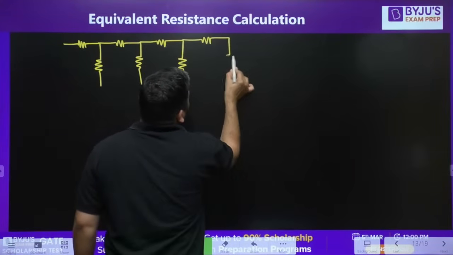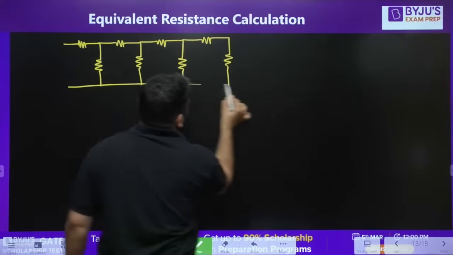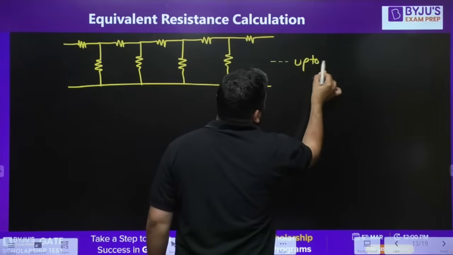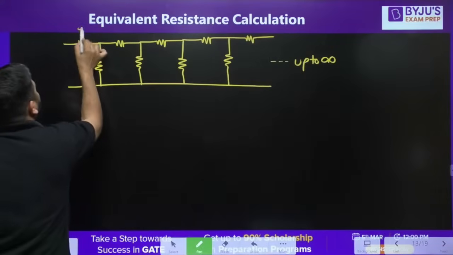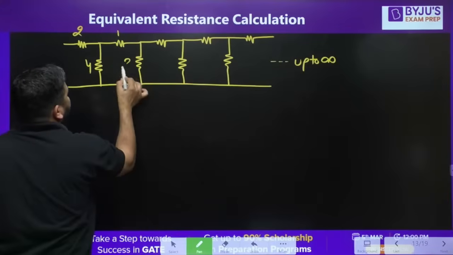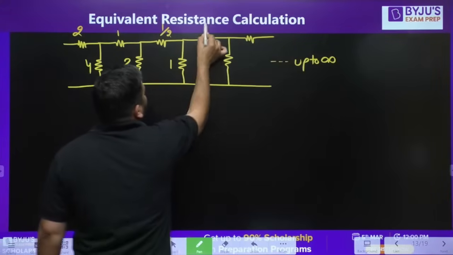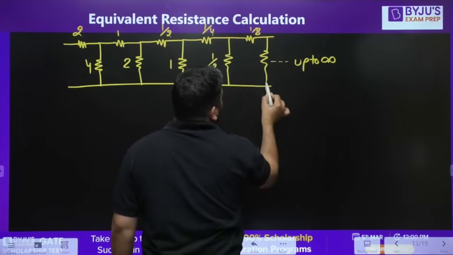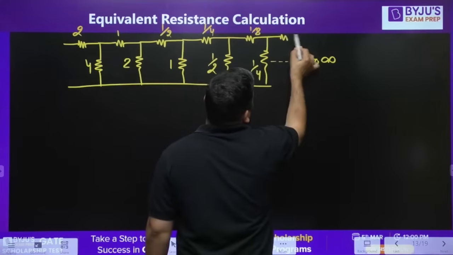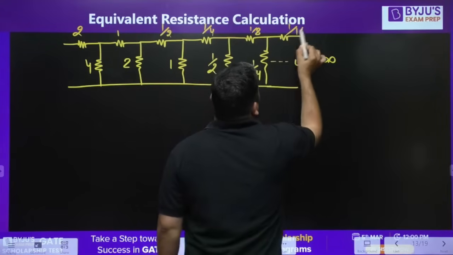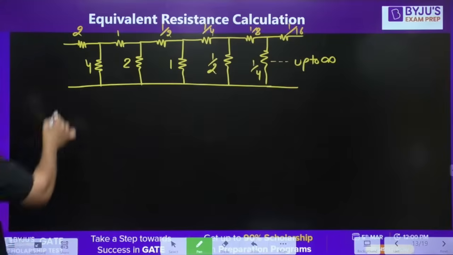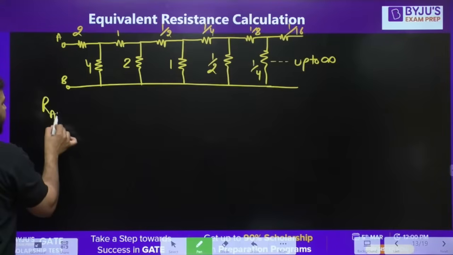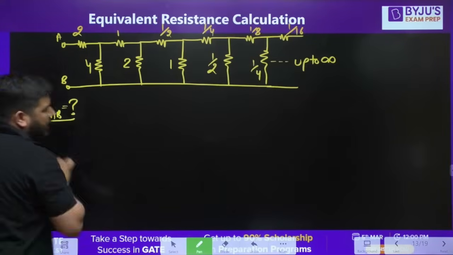Again, it's an infinite ladder up to infinity. The resistances are 2, 4, 1, 2, half, 1 by 4, 1 by 2, 1 by 8, and again here it is 1 by 4, and then again 1 by 16. These are the resistance values. We need to calculate RAB. Tell me, guys, what is RAB?